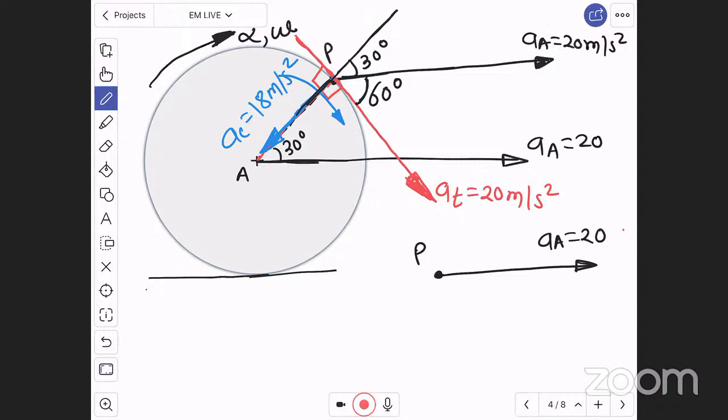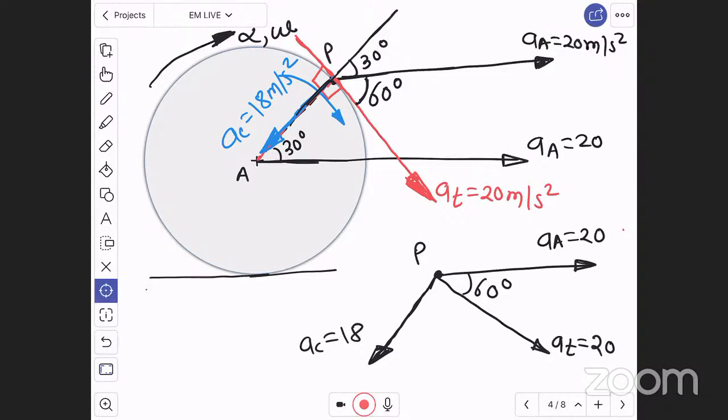Then there is a tangential acceleration like this at 60 degree from horizontal of 20 magnitude, and there is radial acceleration towards center, also called centripetal acceleration, AC of 18 magnitude. Tangential acceleration and centripetal acceleration are always perpendicular to each other, so the angle between AC and AT is always 90 degree.